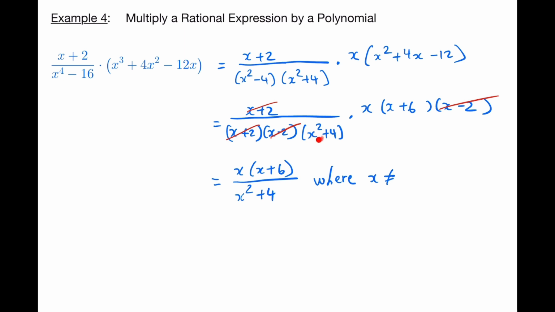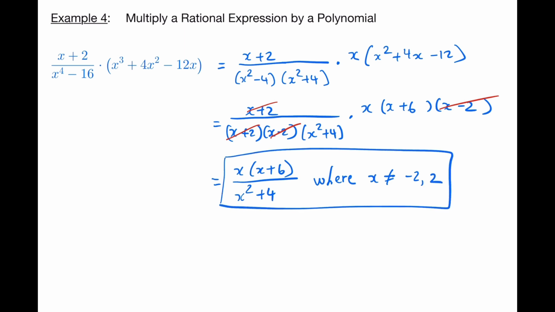There's nothing here that will make the denominator 0 other than an imaginary number, and so we don't have to worry about that. We're only looking at the real number world, and so we would say that x is not equal to -2 or 2. And this is our answer for this example.